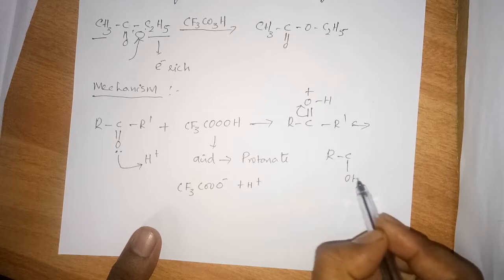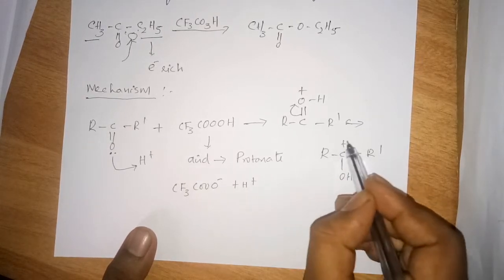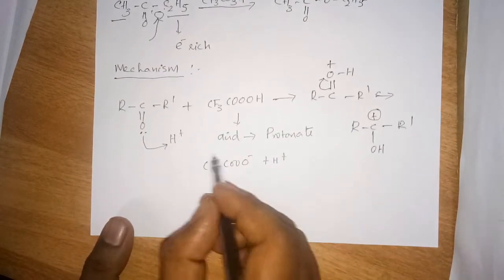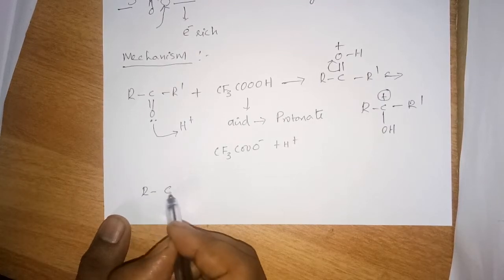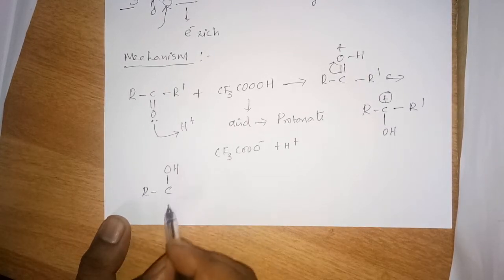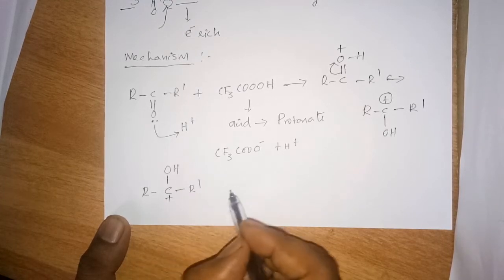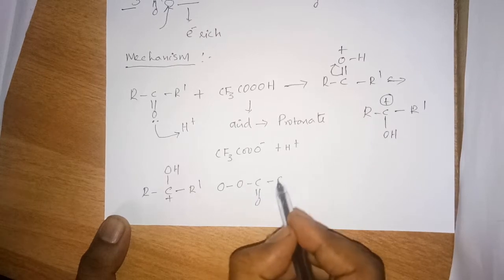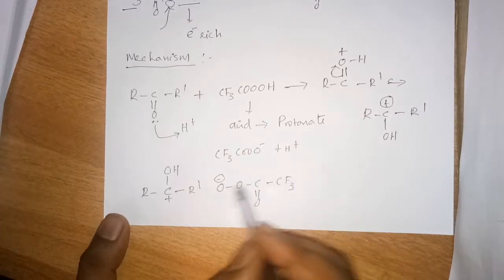So here a positive charge will be created on the carbon atom. Now we have the conjugate base, CF3 CO O minus.